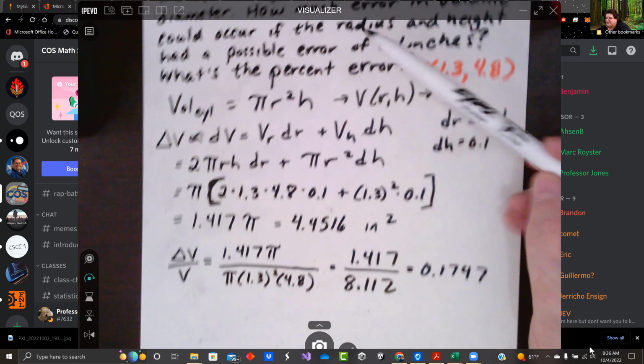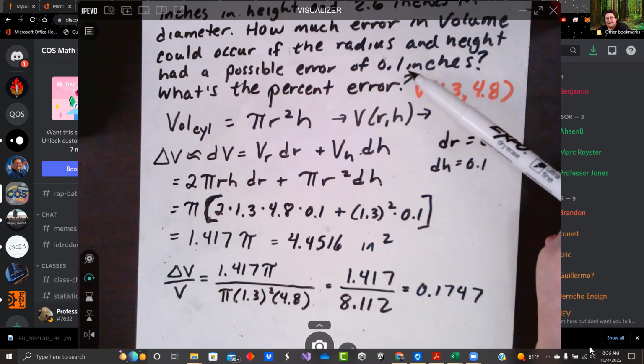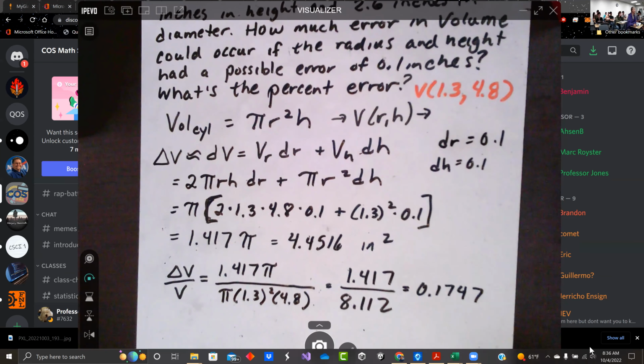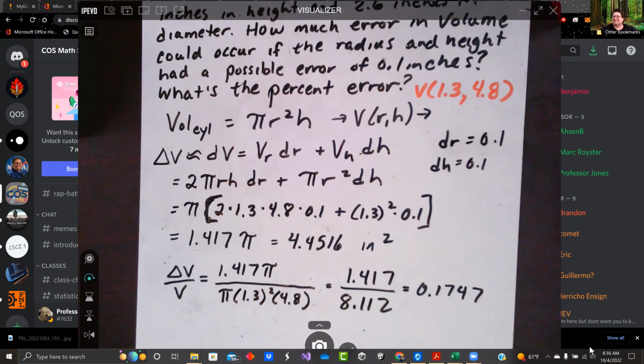Nope, notice I very much specified radius possible error of 0.1. Good catch, though. I made sure I wrote radius here so that would not show up. But you're right. If it did not say radius and height, if it just said 0.1 inches in each, you'd have to ask, are they saying 0.1 inches in diameter error? Then dR would be 0.05. Okay, gotcha.